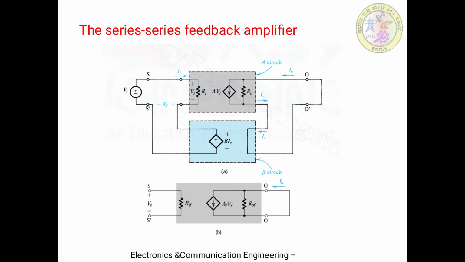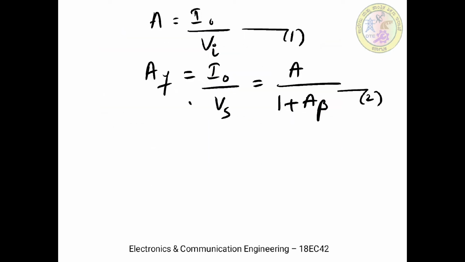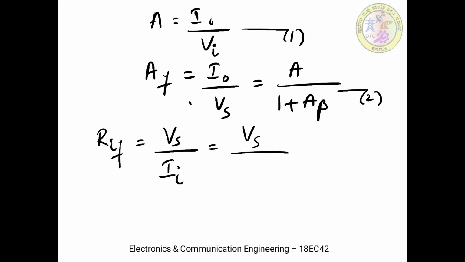So in this circuit the output current is sampled and fed back. With this we will write what is RIF. So RIF is given by V by I. V is nothing but Vs, I is nothing but the input current II, and this is equal to Vs divided by II, which is nothing but Vi divided by Ri. So this is equal to Ri into Vs by Vi.